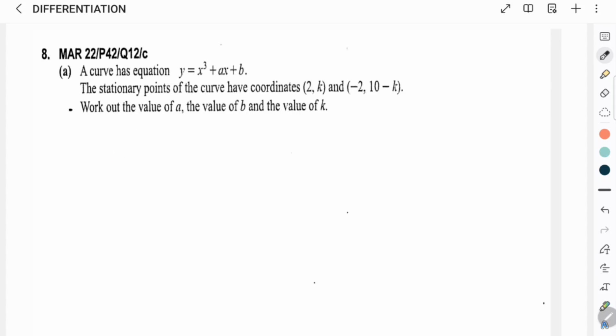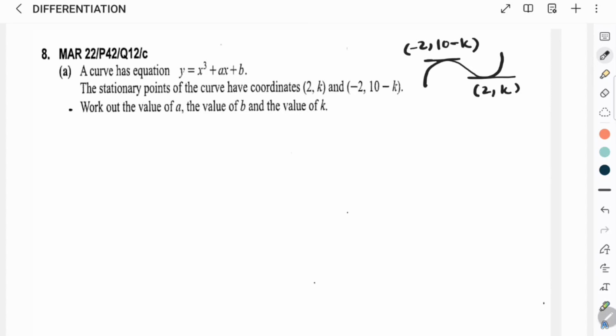So the 2 points are on the curve and it's a cubic equation, and there are two stationary points, (2k, -2) and (10 minus k). They're asking for the values of a and b of the equation.